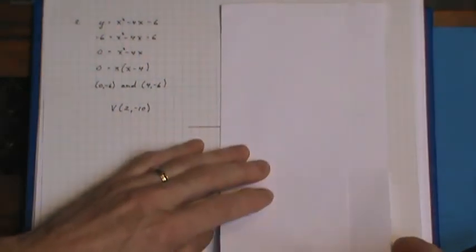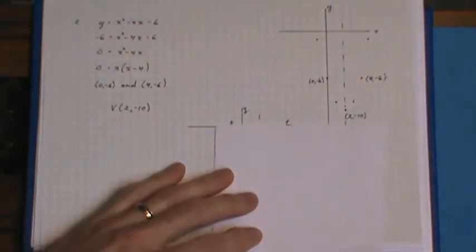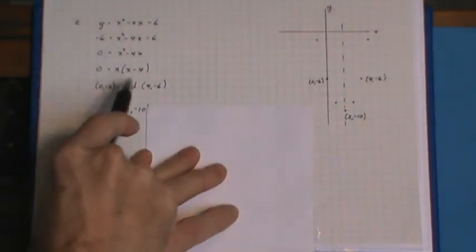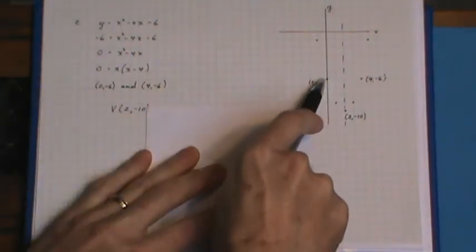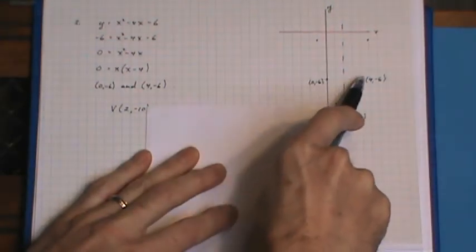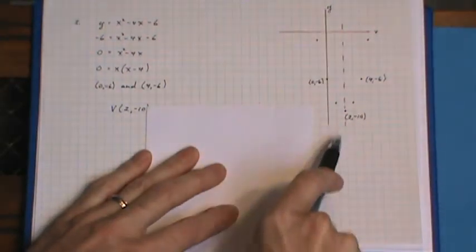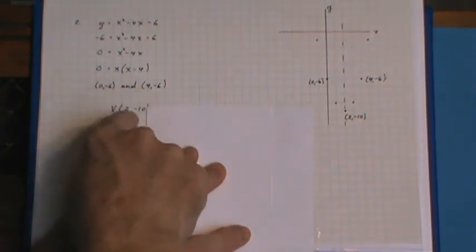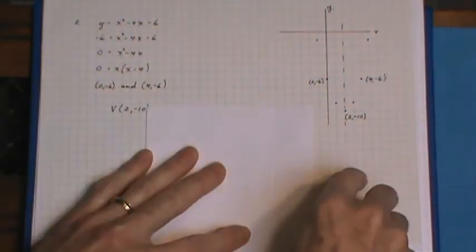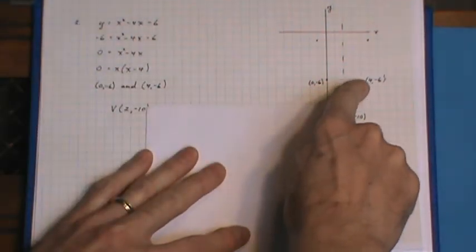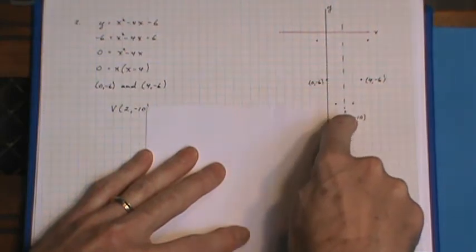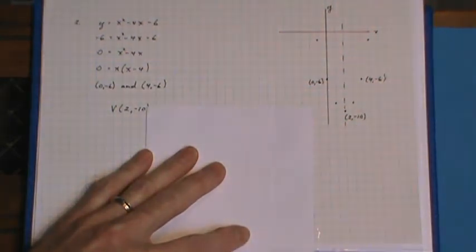Now to show you this on a diagram, the points (0, -6) and (4, -6) are here. And you see how they're equally spaced on either side of the line of symmetry. So all I have to do is count. If I wanted to do this without substituting the 2 back in, I'd say these points are 2 units from the line of symmetry, so if I come down 4, I would be at the vertex.